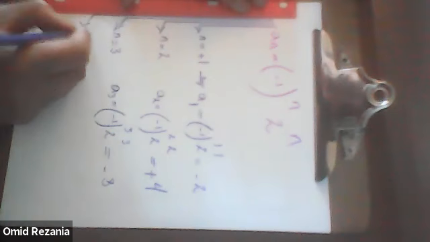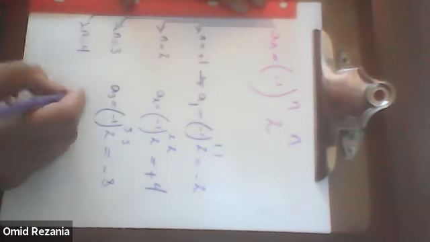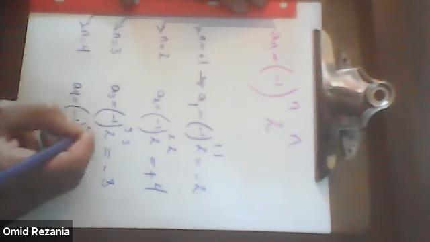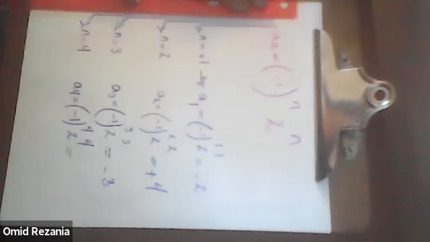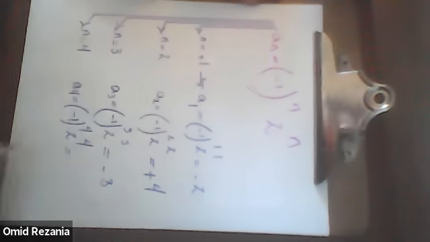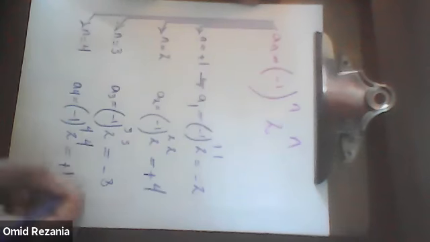We have n equals 4. We have a4 equals -1 to the power 4, 2 to the power 4. -1 to the power 4 becomes how much? 1. 2 to the power 4 becomes how much? 16. This becomes plus 16.